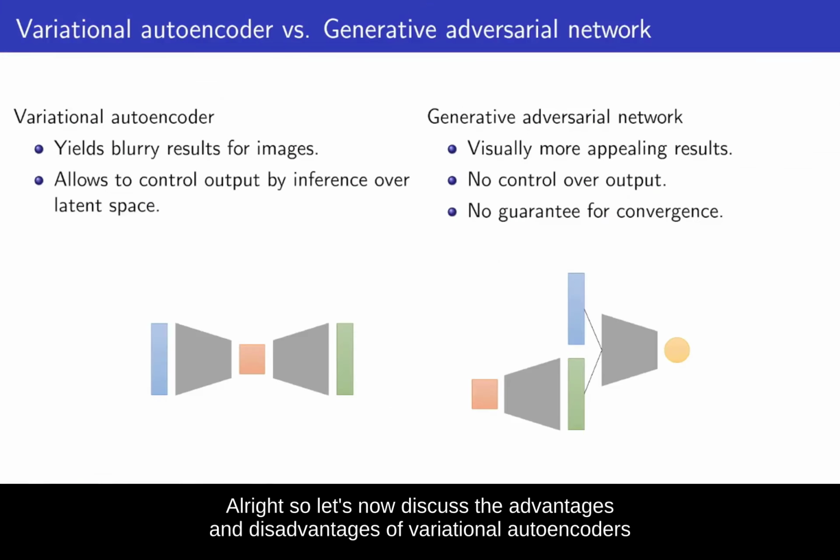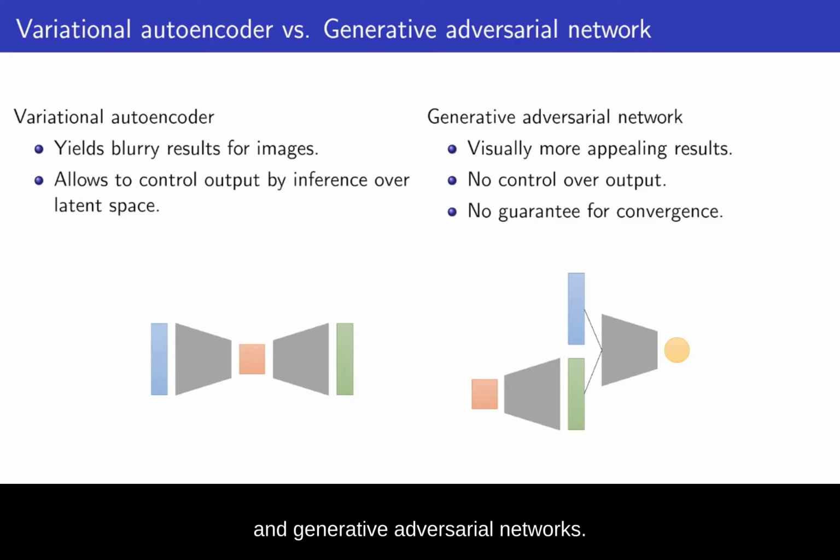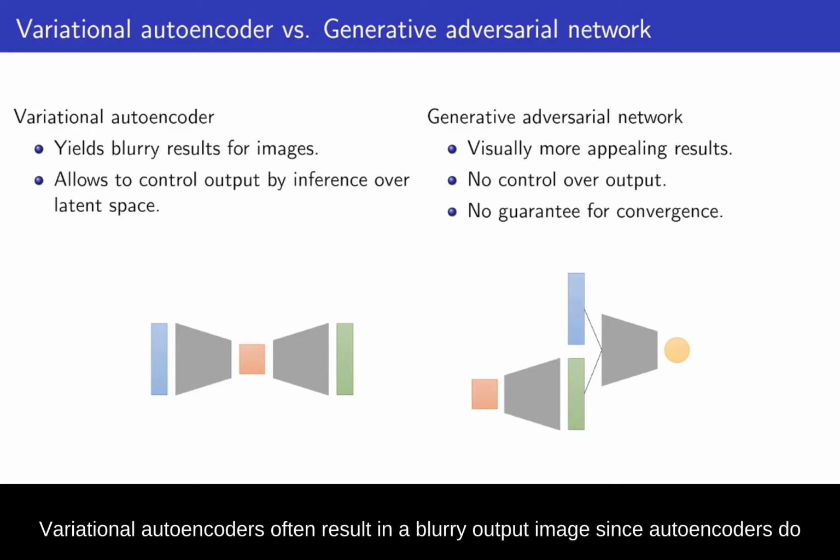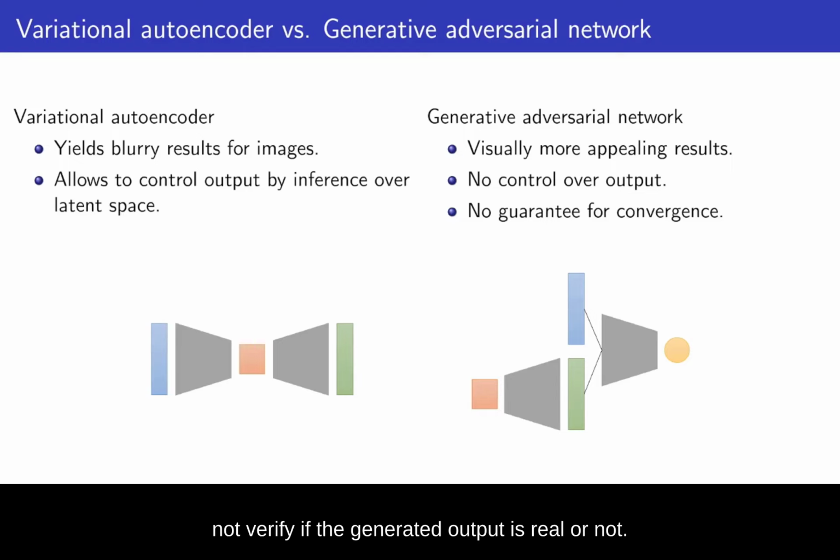All right, so let's now discuss the advantages and disadvantages of variational autoencoders and generative adversarial networks. Variational autoencoders often result in a blurry output image since autoencoders do not verify if the generated output is real or not.